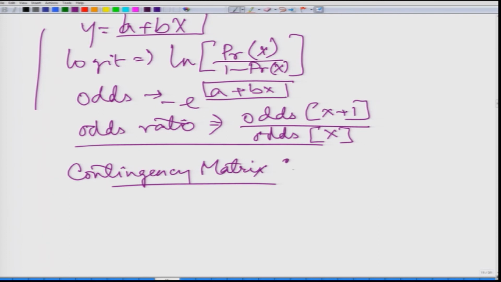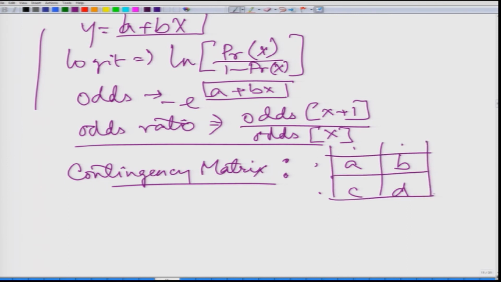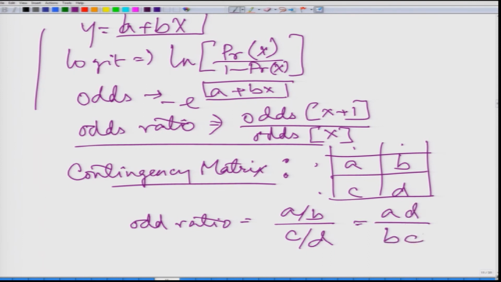A contingency matrix is basically, if we have A, B, C, D, smoking, not smoking, having cancer, not having cancer, these kinds of 2 by 2 matrices. Then we can estimate our odds ratio as A by B divided by C by D, which is AD by BC.